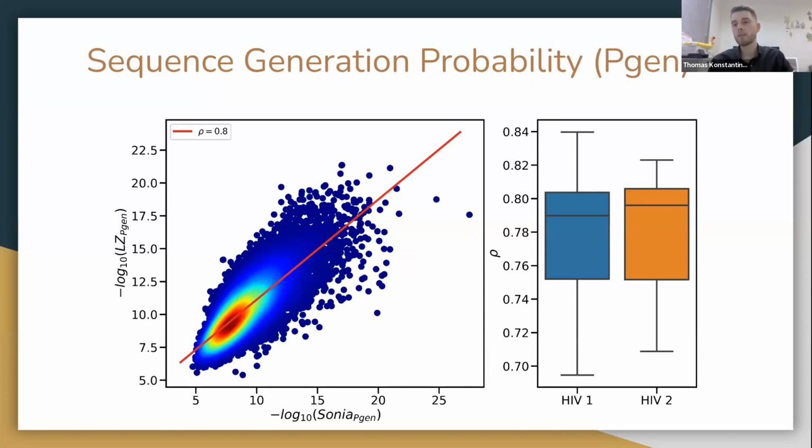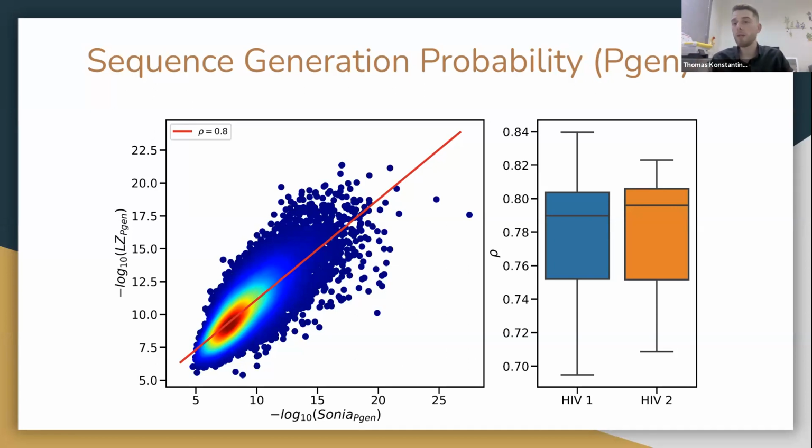And we compared the generation probability values we produce for sequences to ones of state-of-the-art models like Sonia. If you consider Sonia, it uses actual genomic data. It requires the V and J alignment of the sequence in order to model the mechanistic system of the immune system to predict the Pgen and correct for all the different factors that are present in the immune system.